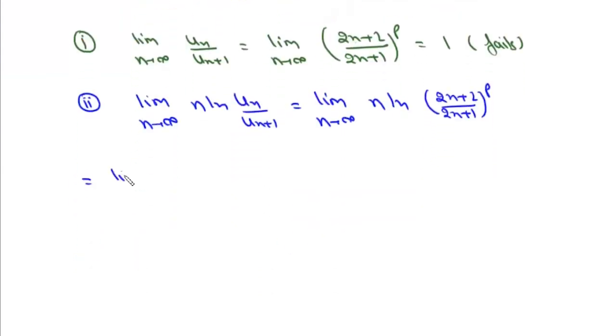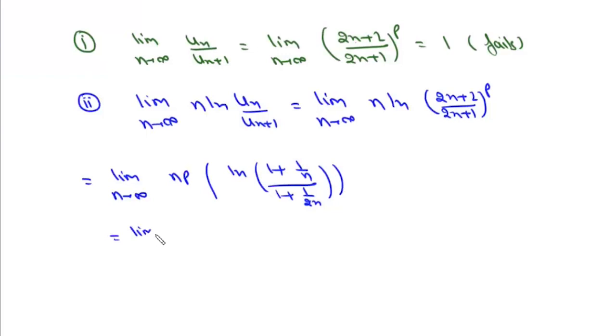Now we can write this as the limit n tends to infinity, n into p, and here will be this log, and we can write this as (1 plus 1 by n) upon (1 plus 1 by 2n). We can also write this as the limit n tends to infinity, np, and this is log (1 plus 1 by n) minus log (1 plus 1 by 2n).